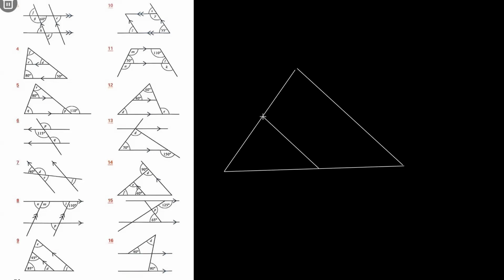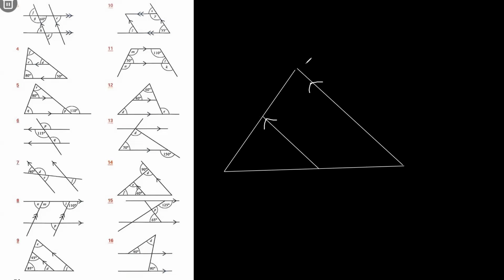So notice it's a triangle, but what they did with the triangle, they made 2 lines on the triangle parallel to each other. So this line and this line are parallel.